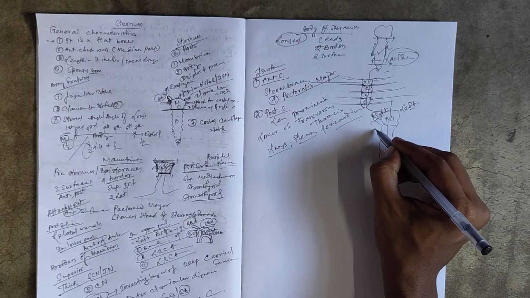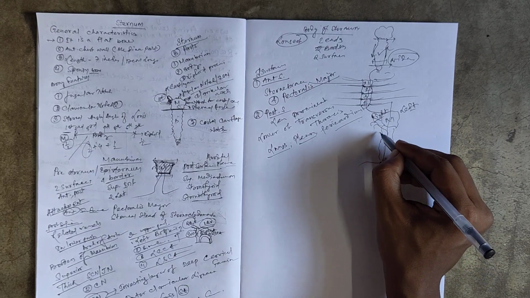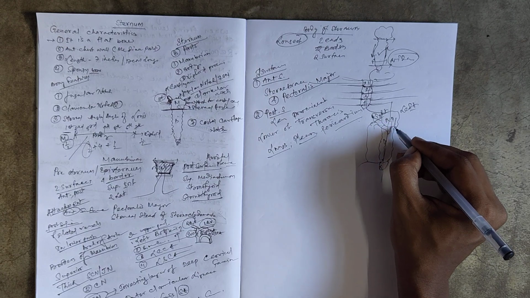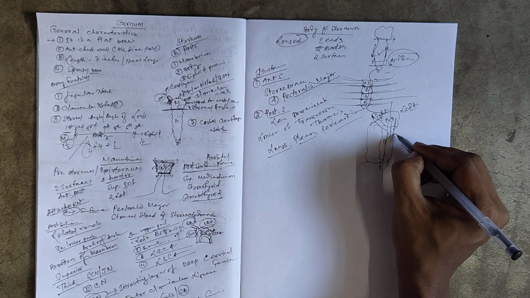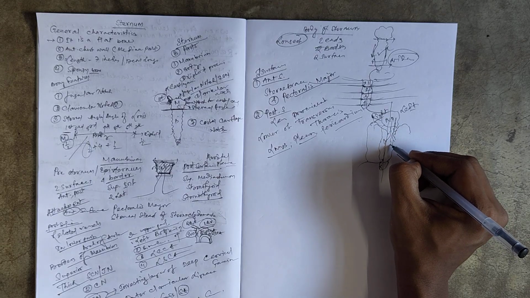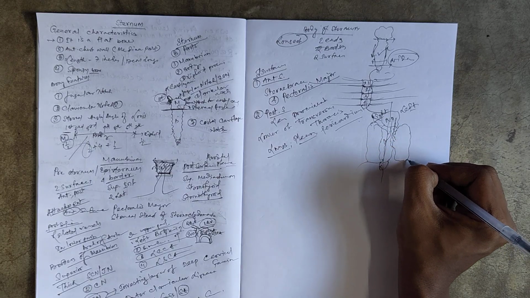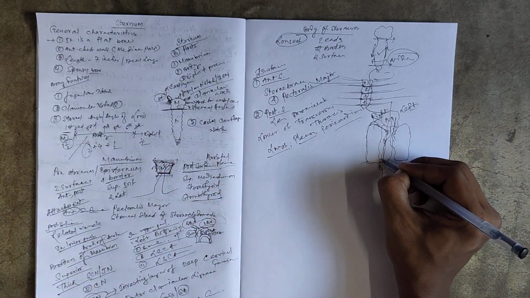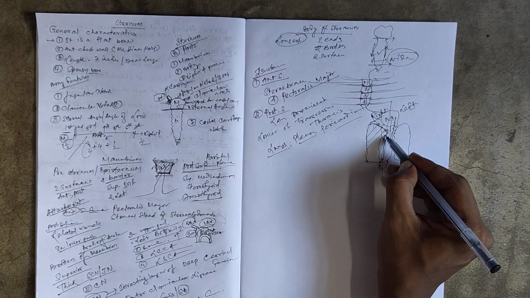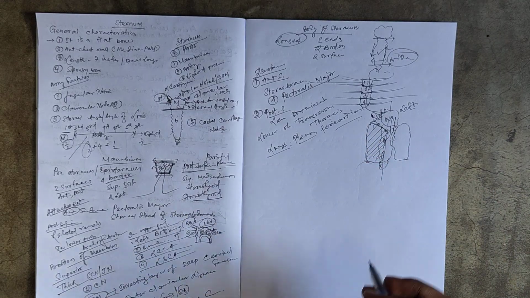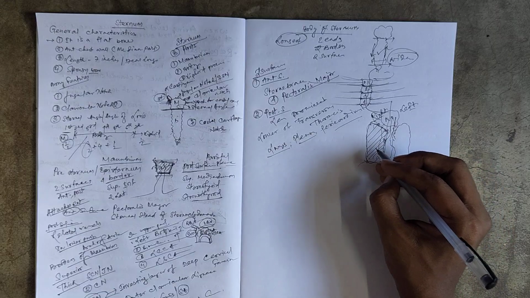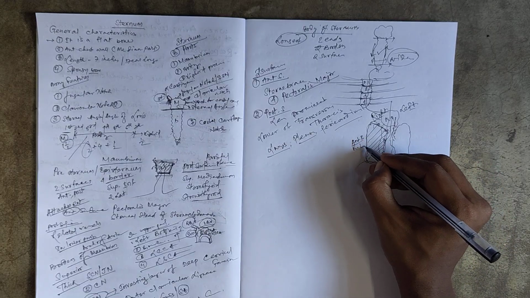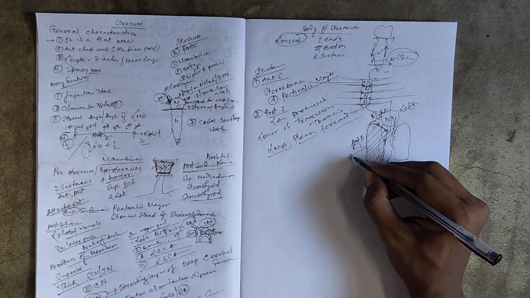Here is the lung, okay. And when you see that, you can find on the right side the anterior border of the right lung and the pleura.